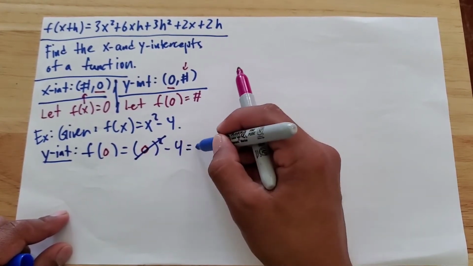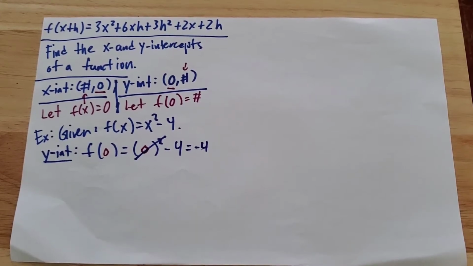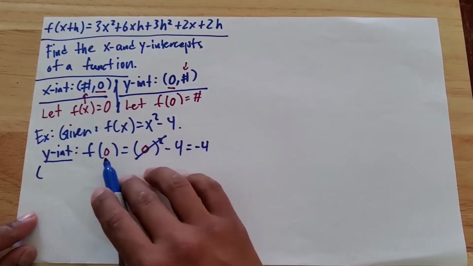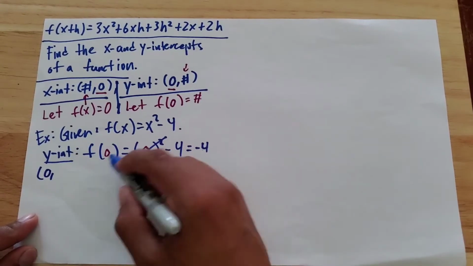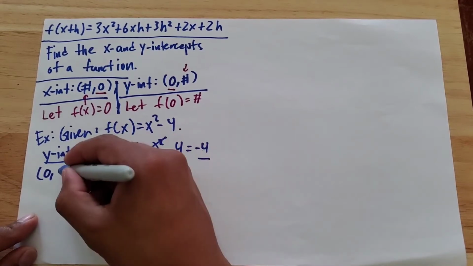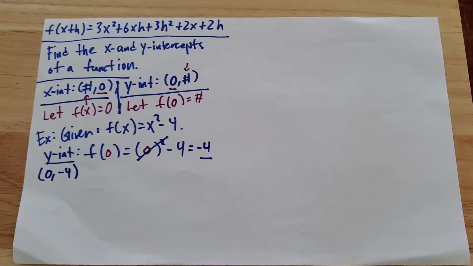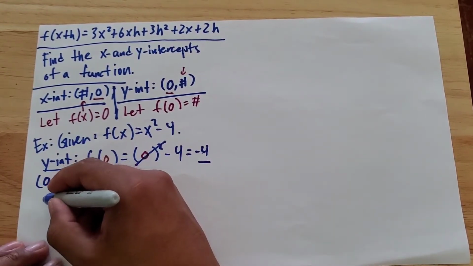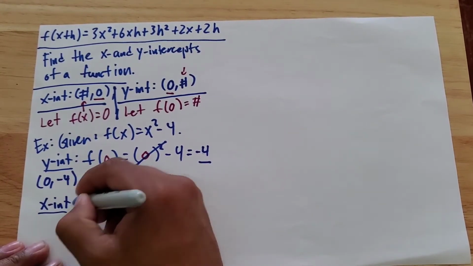And this is just going to be equal to -4. Now I have my y-intercept. My x is 0, and whatever I get in the outcome represents my y. So it's -4. That's going to become important once we start looking at quadratics a little bit further. But for now, that's how you would find a y-intercept.